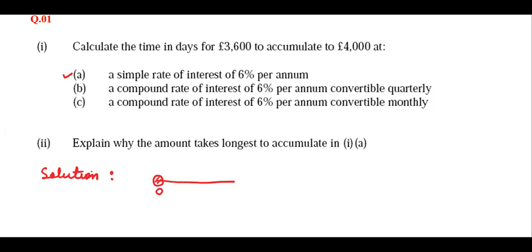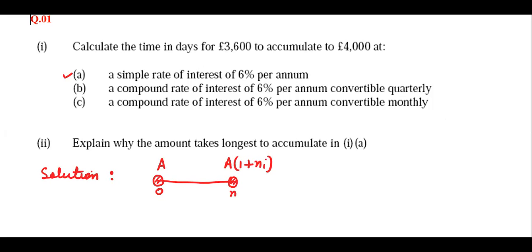If at time 0, you invest A, your accumulated value will be 1 plus Ni into the original amount. Very simple formula. Using this simple formula, we'll be able to find the answer.